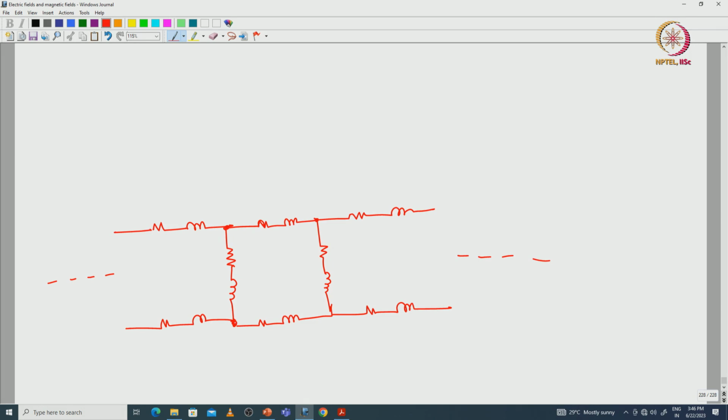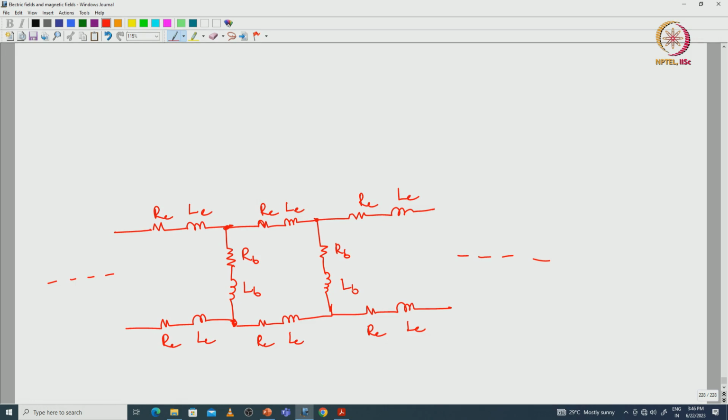The rotor structure I am showing here. The resistance of the bar will be RB and the inductance of the bar will be LB. These are the end rings, RE and LE. And the resistance of the bar after skewing will be RB, and the inductance will be LB.